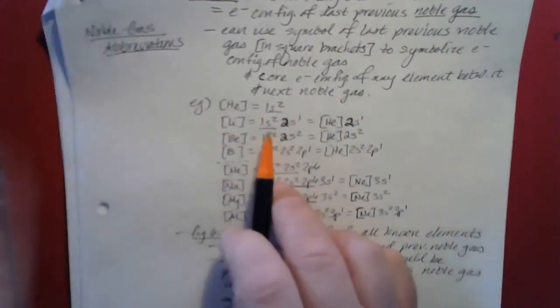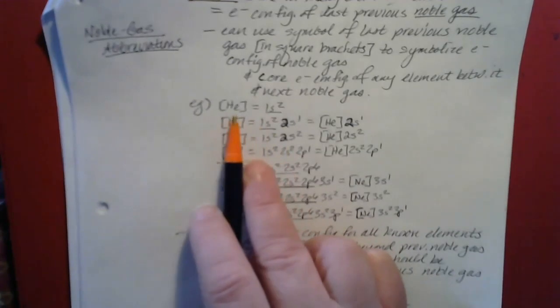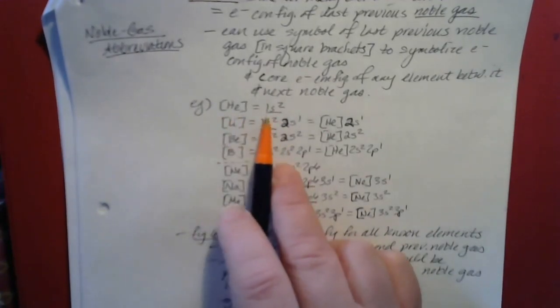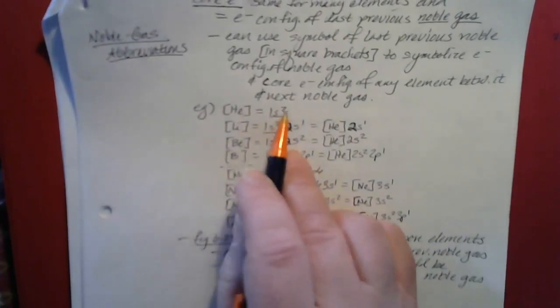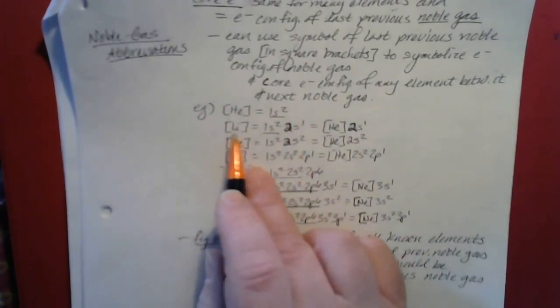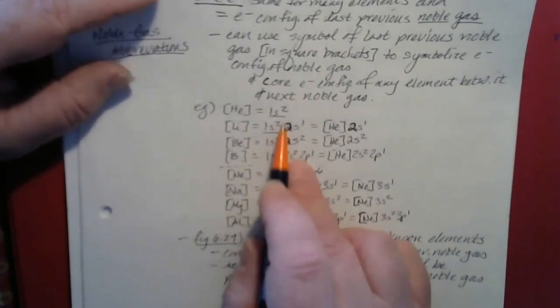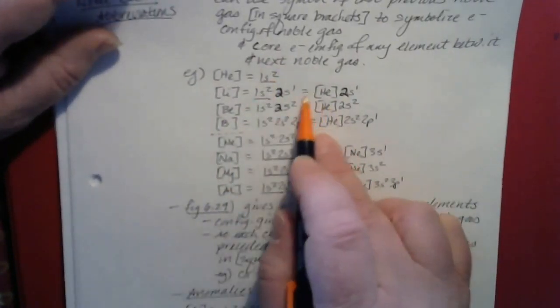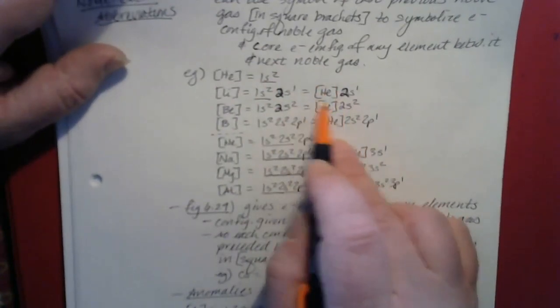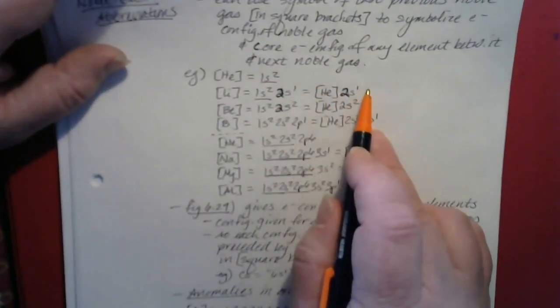Okay, so as some examples here, helium, as we said just a moment ago, has a configuration of 1s2. Lithium has a configuration of 1s2, 2s1. Well, the 1s2 is the same as helium, so you could write this as He in square brackets, 2s1.